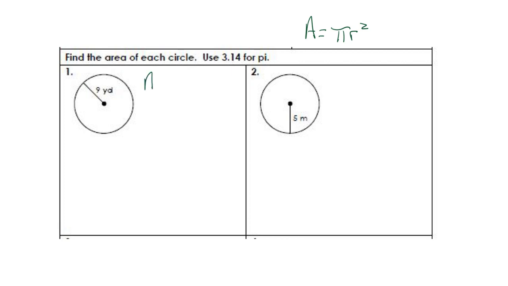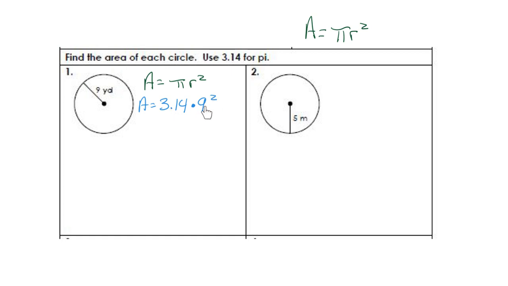So we're going to go A equals pi r squared. Insert the information. So A is still going to equal 3.14 times 9 squared. So order of operations tells me I need to do the number with the exponents first before I can times this.